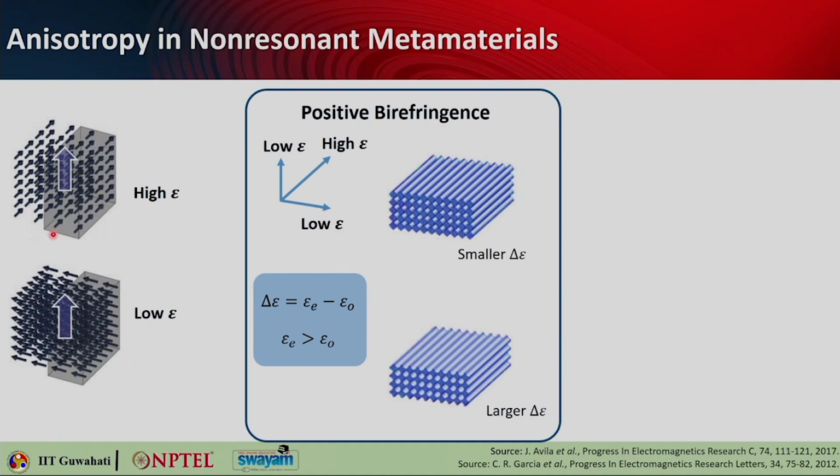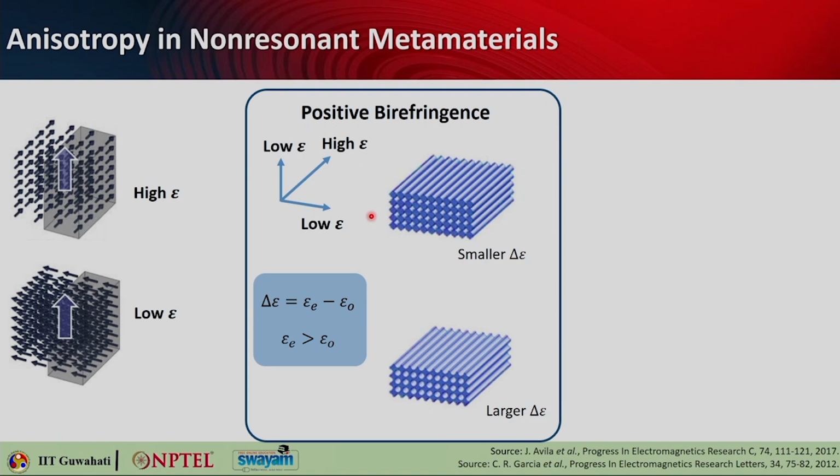Similarly, along this axis also, it will find a dielectric material and air interface. So, the electric field will be basically like this. Whereas in the third direction, along the length of the cylinder or rods, you will see that the electric field is parallel, so that will give you high permittivity.